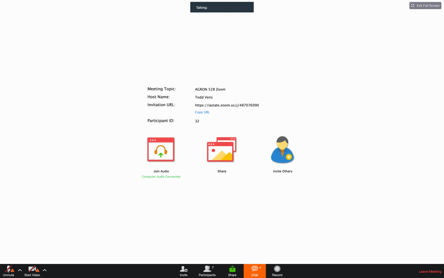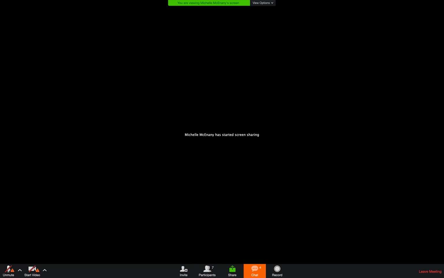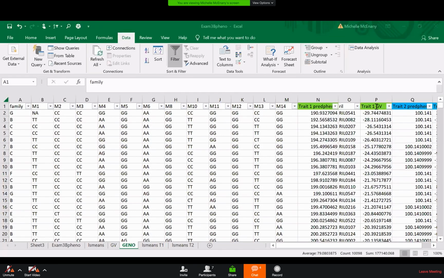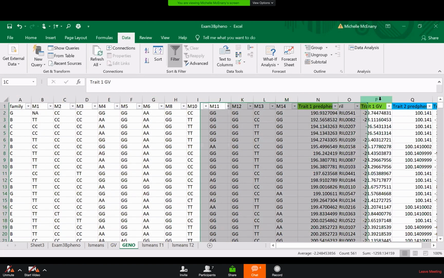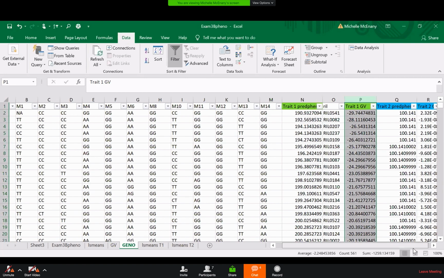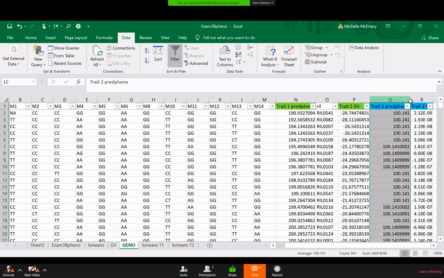Yeah, so let me just share what I have. I had one file that brought in the GV, and then another that brought in the predicted phenotype for both traits. So I took that second file that had the predicted phenotype in it, brought in that GV, and then brought in trait 2, and that's the file I'm working off of.